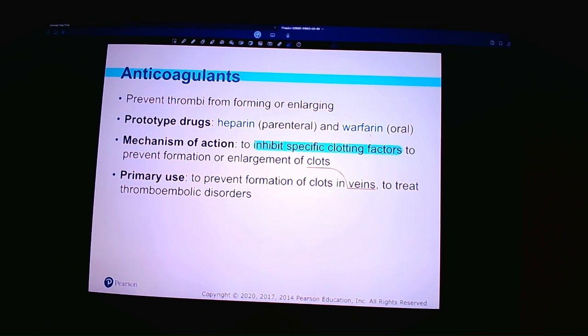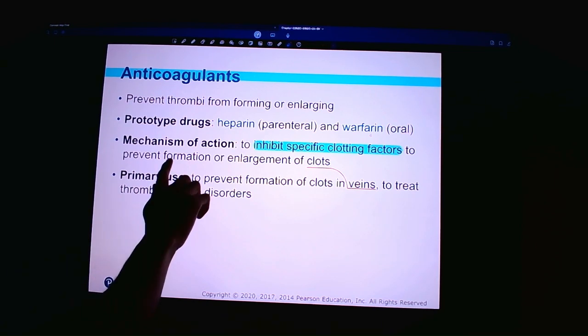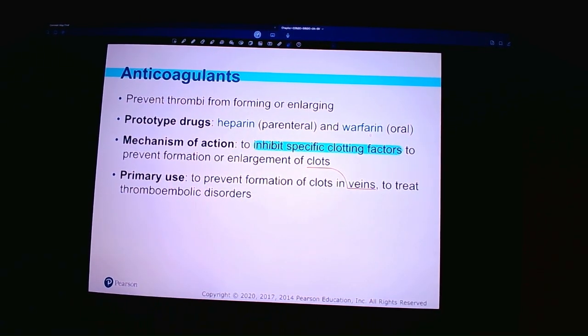The big thing with our mechanism of action is that it's just inhibiting the clotting factors that we talked about earlier to prevent the formation or enlargement of clots. For the most part, these drugs are not a 100% treatment for big clots that have already occurred.